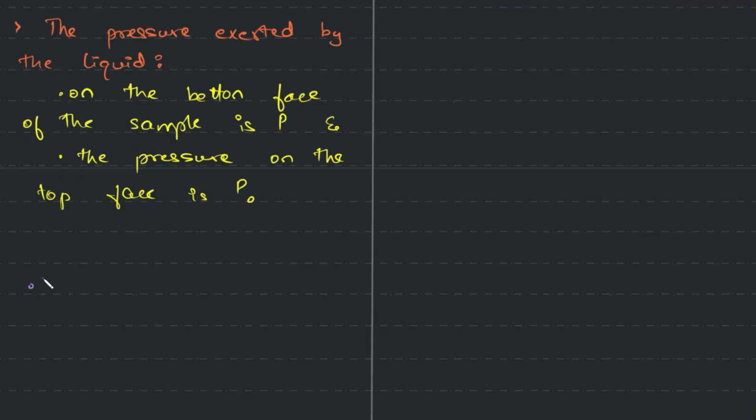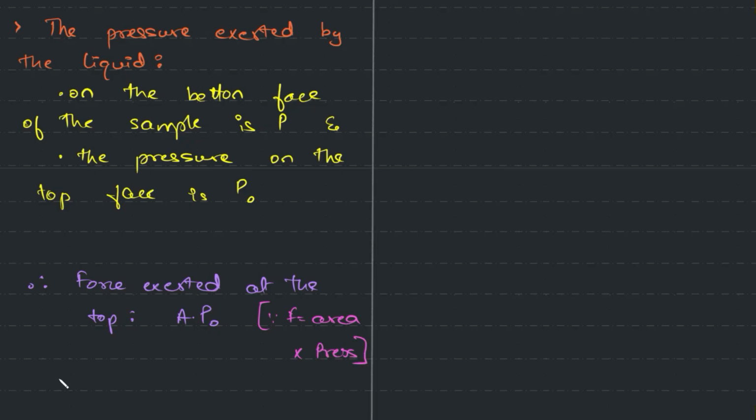Okay. Therefore, the force exerted at the top will be what? A times P naught, area into pressure. Okay, because force is area times pressure. Next, force exerted at the bottom. This would be A times P.